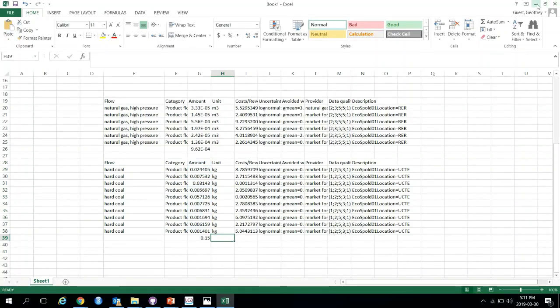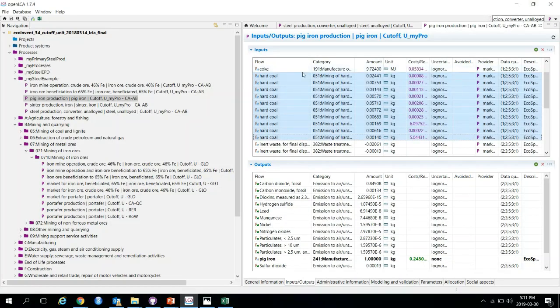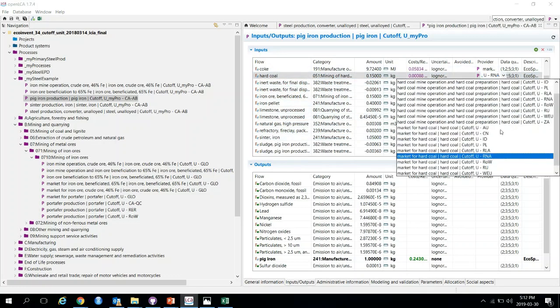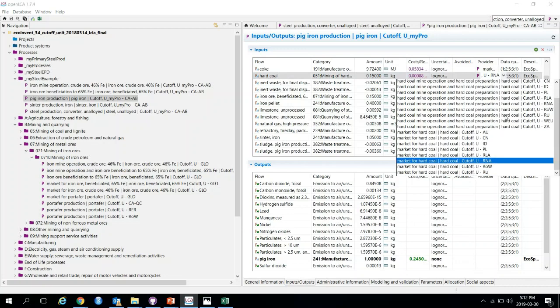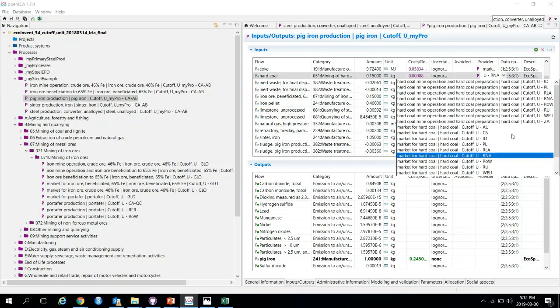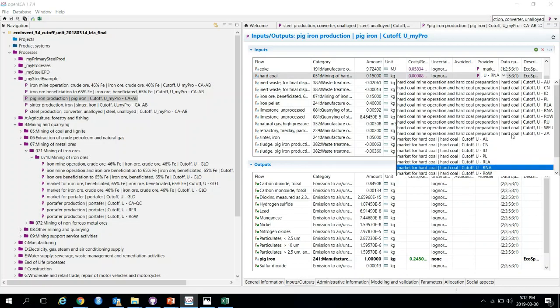Hopefully the client has better information, but for now we can just assume 0.15 kilograms, and then we can remove all of these other ones, these duplicates, if you will, and just change the market mix for this to, let's see what's available. Do we have anything for Canada? Unfortunately, there's not a process in here that represents Canada.